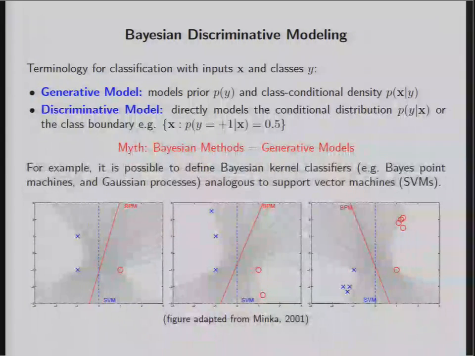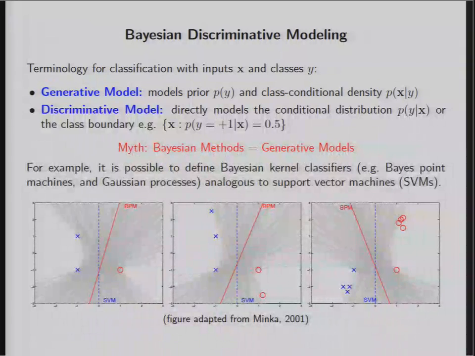And then you have a class conditional density, which gives you, for each of your classes, a probability distribution over the observed features of that class. So this would be the probability distribution over image features, assuming you're a cat, versus another one, assuming you're a dog or a turkey or whatever.